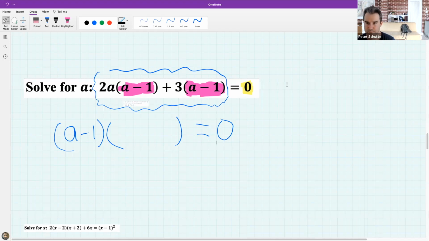So thank you for that tip. That was very helpful. In fact, this is a grouping question. And grouping is just like, I think of it as upgraded highest common factor.